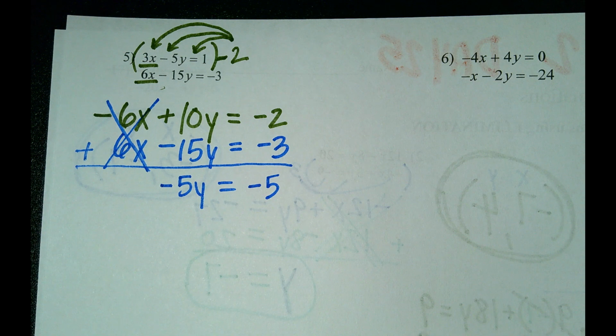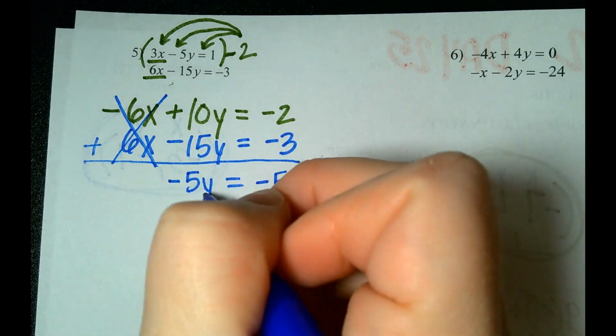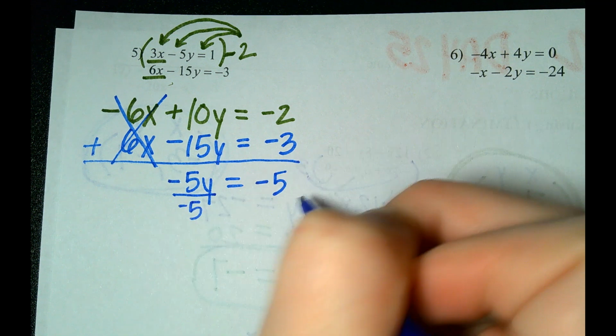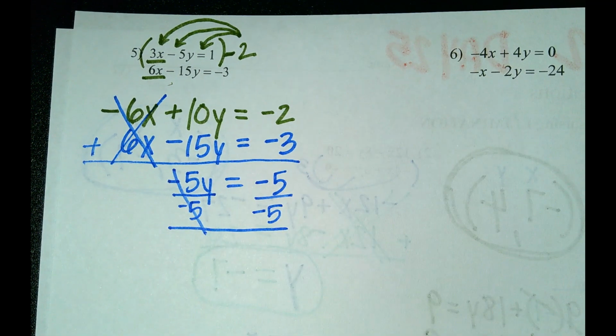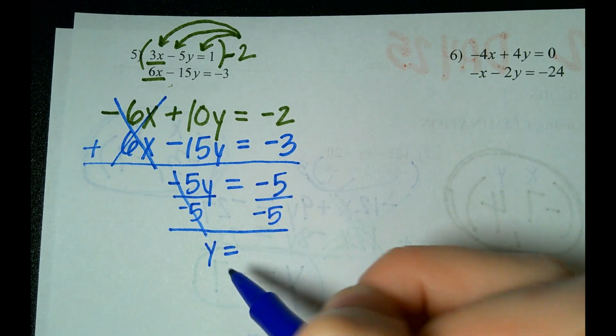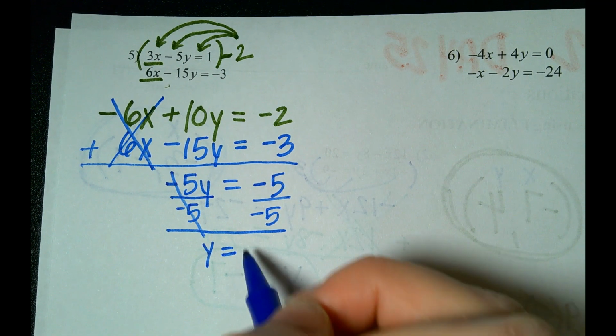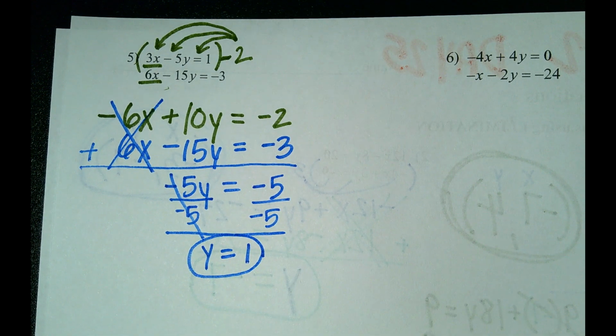Okay, and now I have one more step here. What do I need to do? Divide by -5 on both sides. And as my answer, I'll get y equals what? 1. Perfect. Y equals 1.